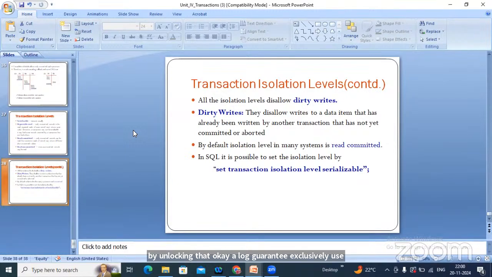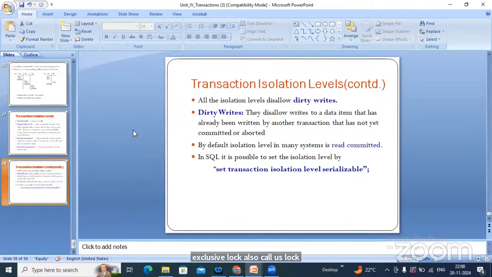First access the data items by acquiring the lock. After completion, release the lock. There are different types of locks: shared lock and exclusive lock. Shared lock is also called lock S. Exclusive lock is also called lock X. In a shared lock the transaction can read the data items only.